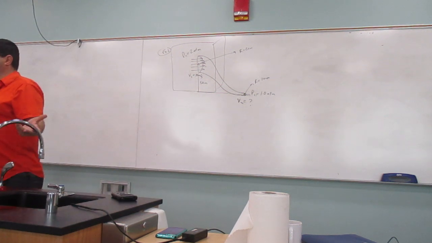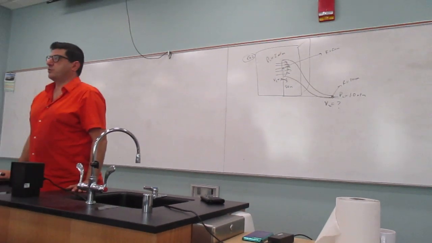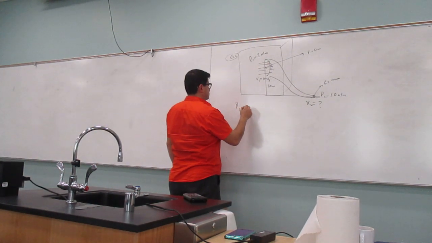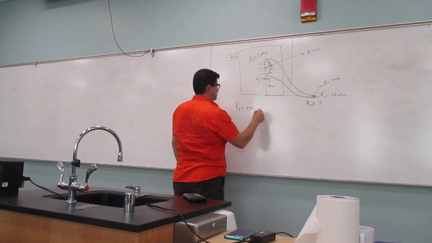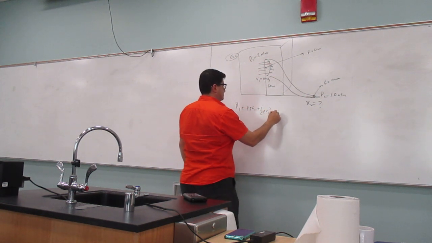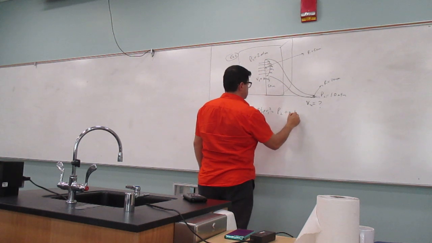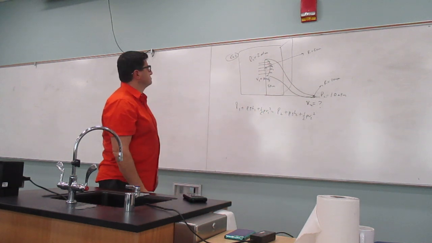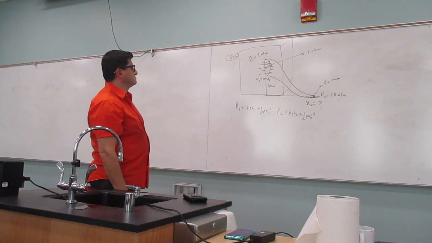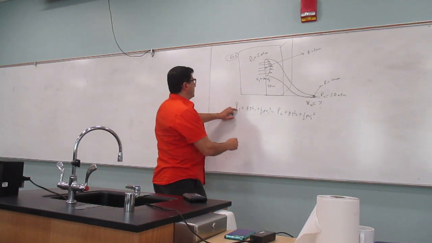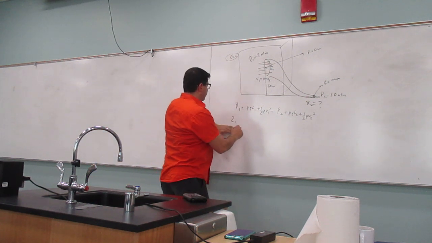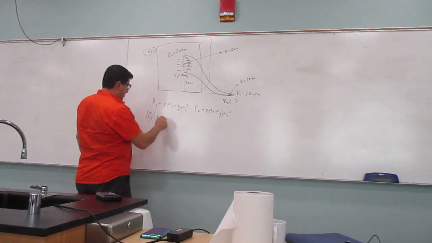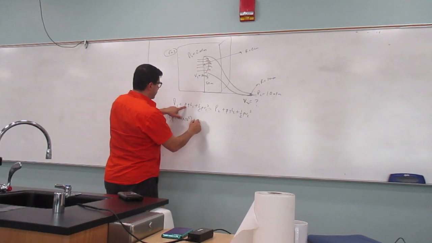A simple application of Bernoulli's equation, right? So pressure P1 is 2 atmospheres. I have to change it to pascals: 1.015 times 10 to the 5th, plus density of water.